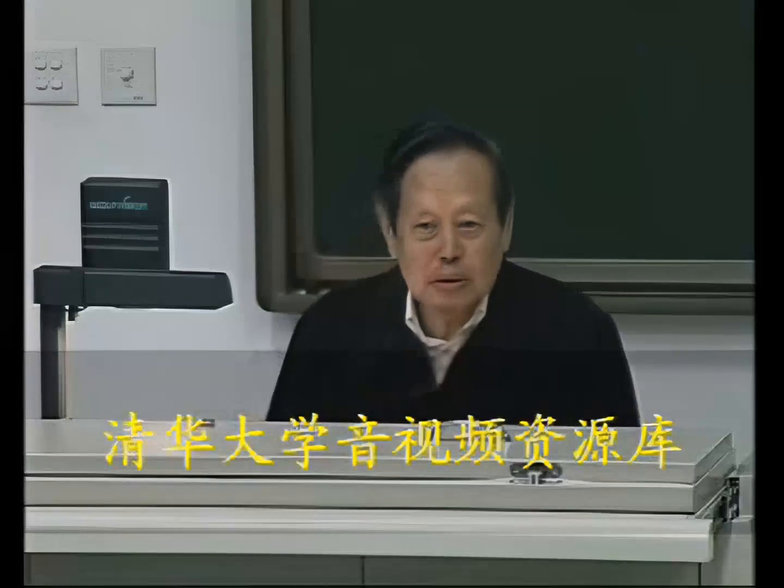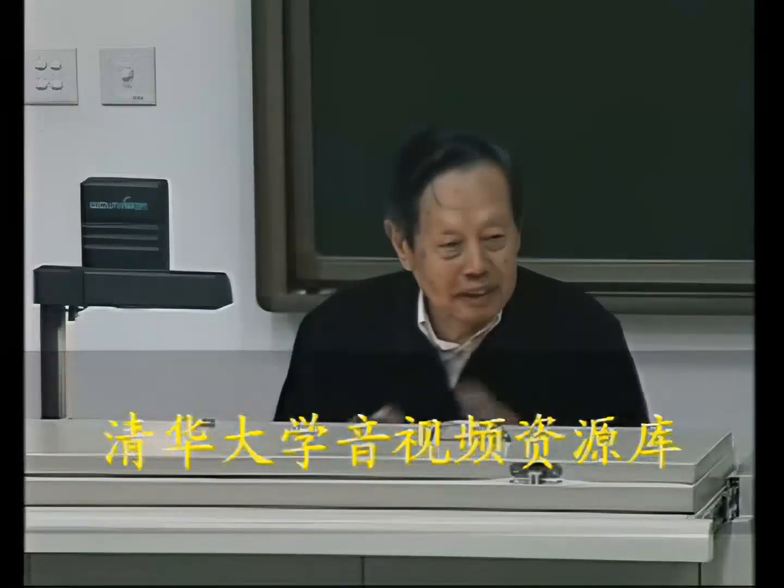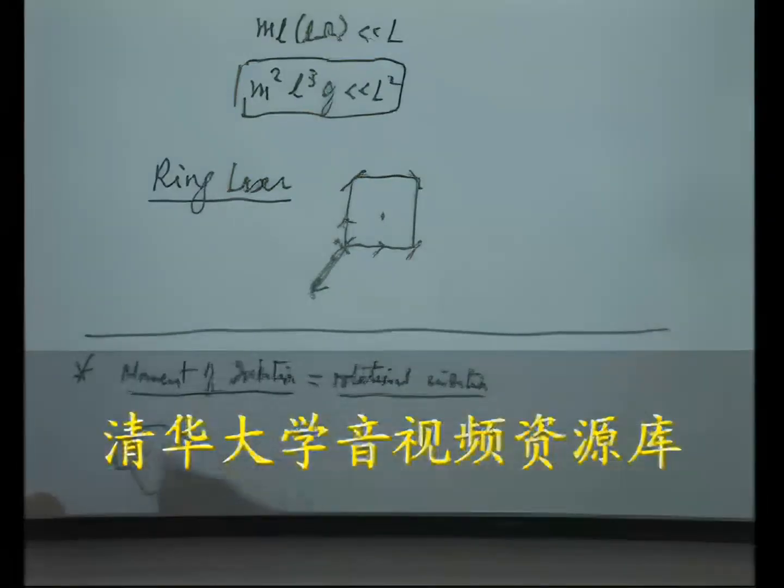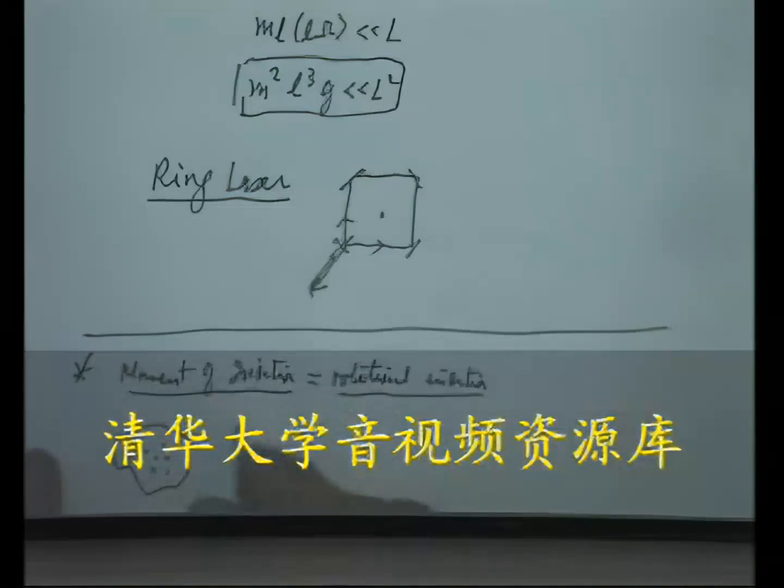So what we are going to do is calculate the angular momentum of a complicated body. You have a complicated rigid body with many points, and we are going to calculate the angular momentum. The angular momentum is equal to summation mi Ri cross Vi.